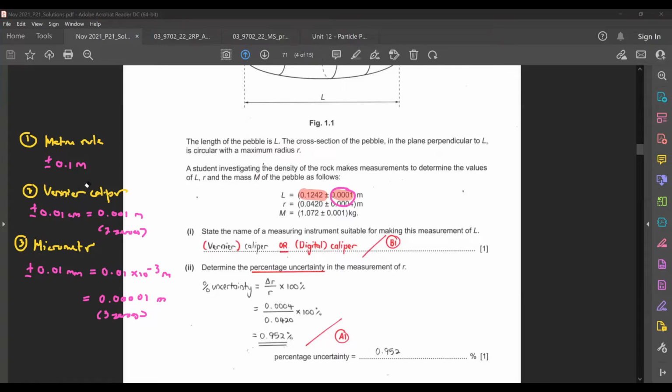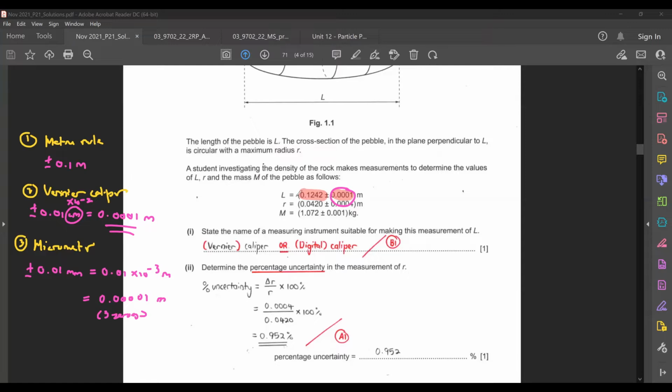Wait. Times 10 power minus 2. Oh, sorry, this one I did it wrongly. 0.01 centimeter is times 10 power minus 2, right? So this one will be 0.0001 meter. Okay. So yeah, my mistake. I did the multiplication wrongly.